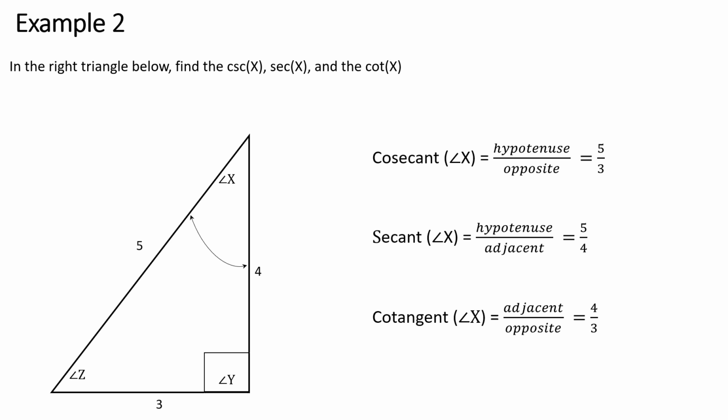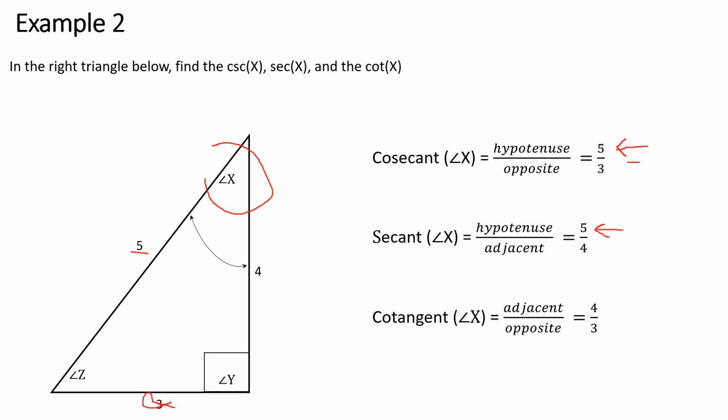Another one here, my cosecant is hypotenuse over opposite, which is, here's my hypotenuse, 5. And that's going to be here as well for the secant, 5 here is my hypotenuse. And then my opposite for angle X, here's angle X right here, the opposite is 3.